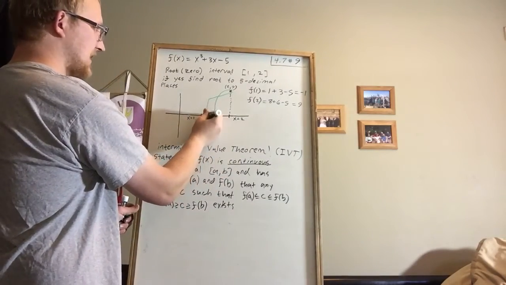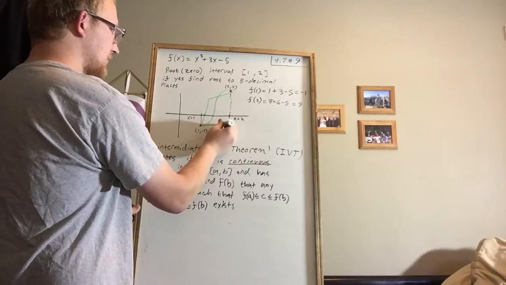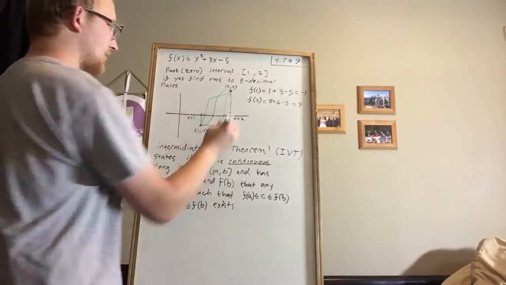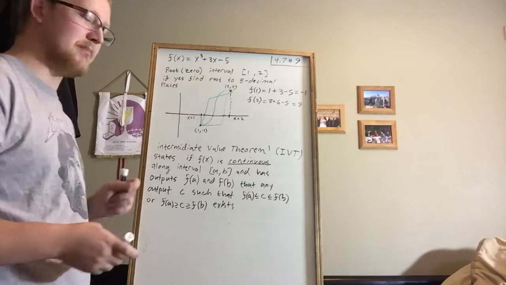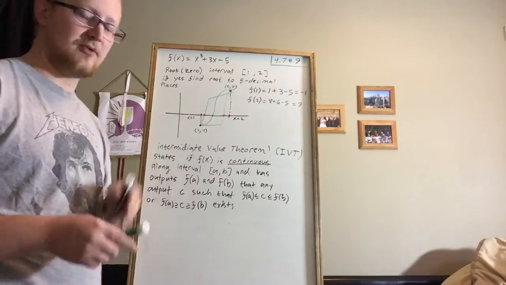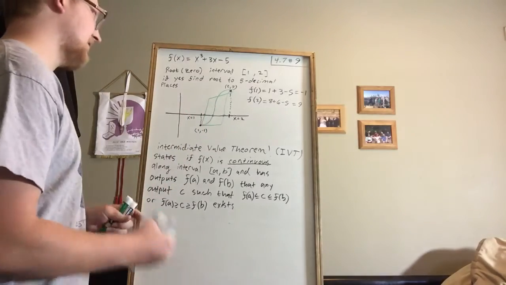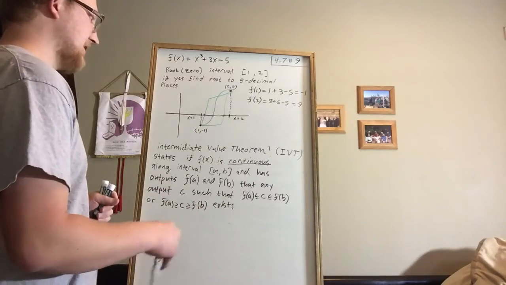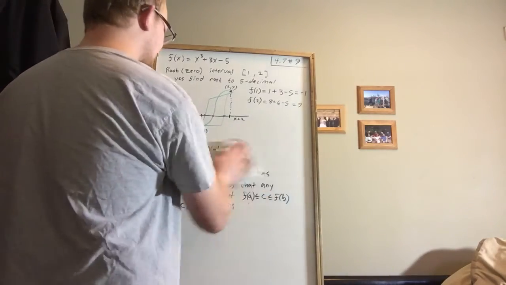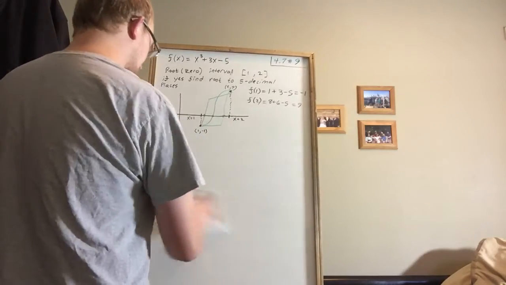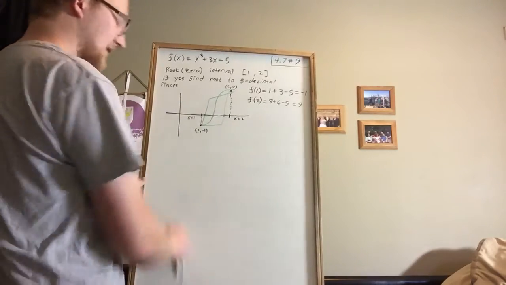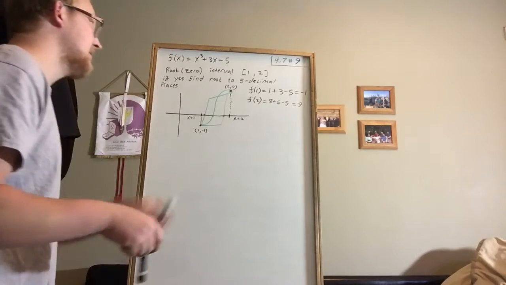But because it's continuous, no matter what you do between those 2 points, the graph f of x must cross the 0 line. So we've proven that there is definitely a 0 for whatever this function is using the intermediate value theorem. Now we're going to use Newton's method to figure out what that 0 is accurately to the 5th decimal place.